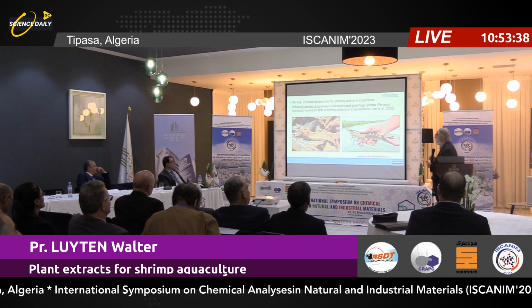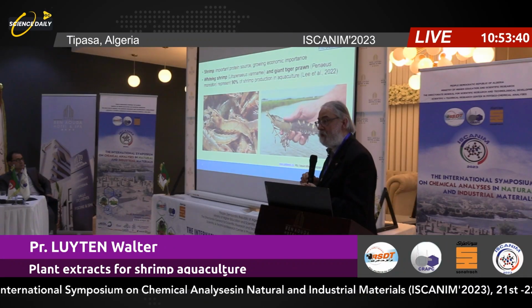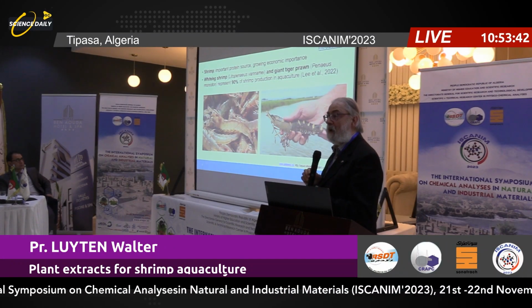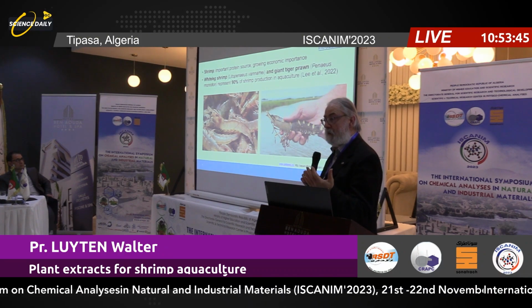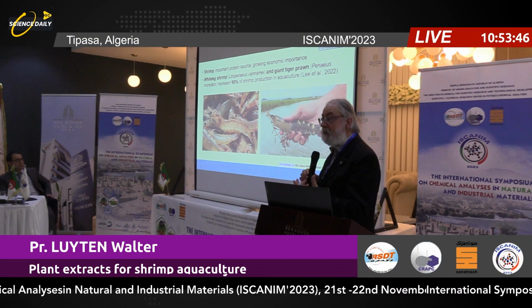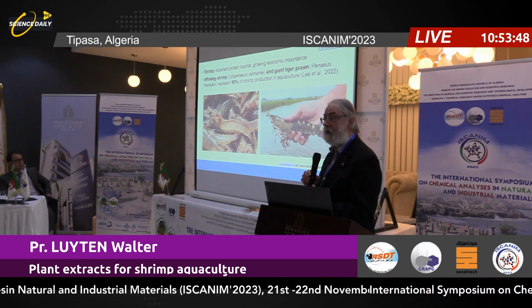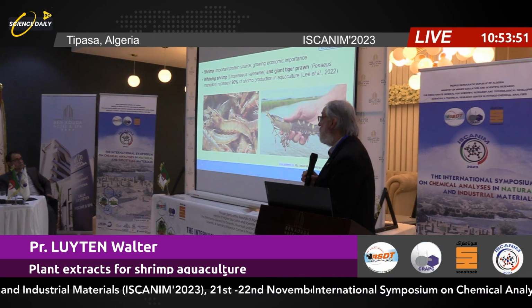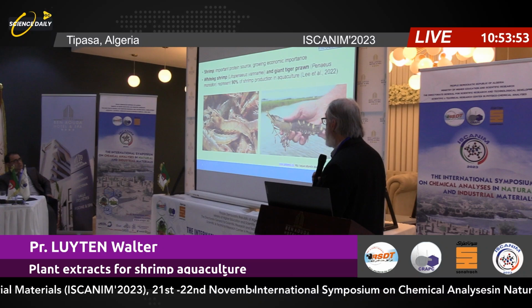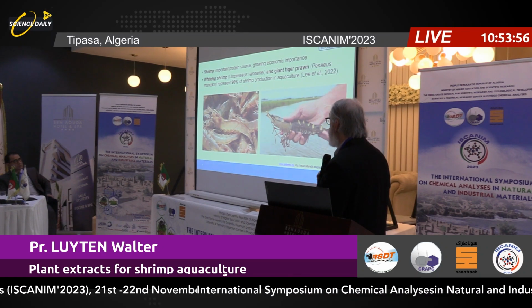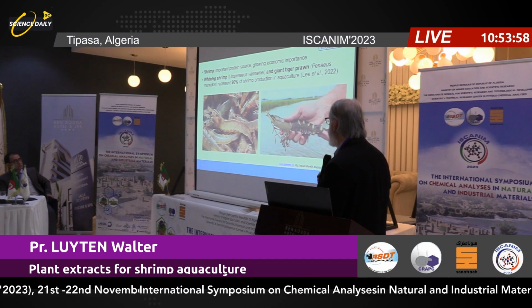So shrimp are an important source of proteins. You know that with the increasing number of people on this planet, feeding them and giving them a high quality diet is a challenge. And so aquaculture, and in particular shrimp aquaculture, is seeking to make a contribution to that.